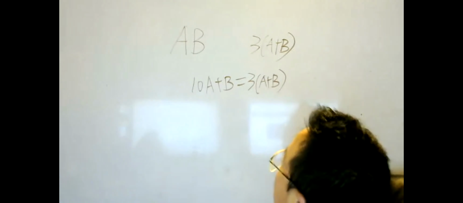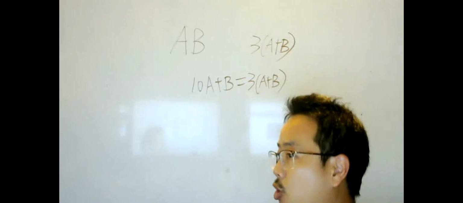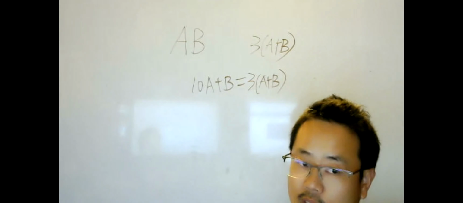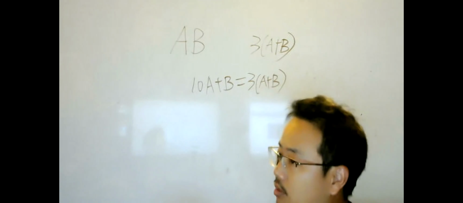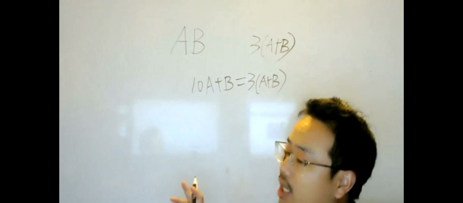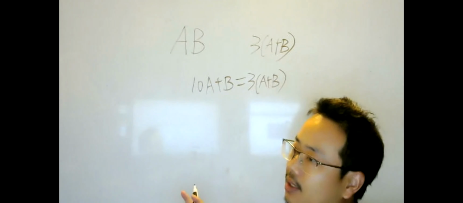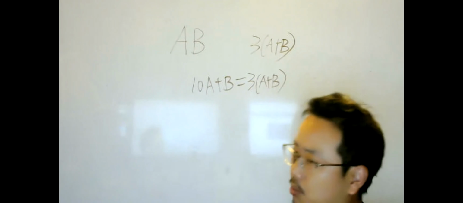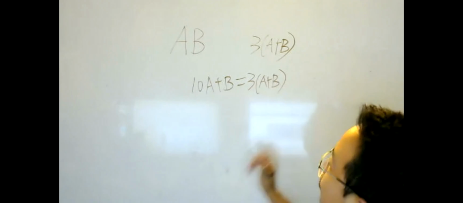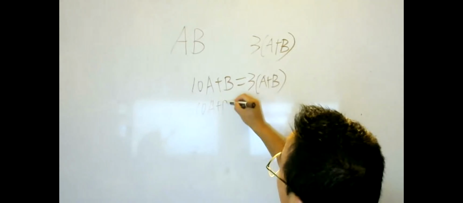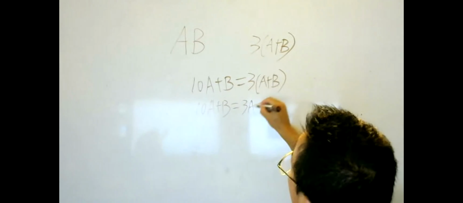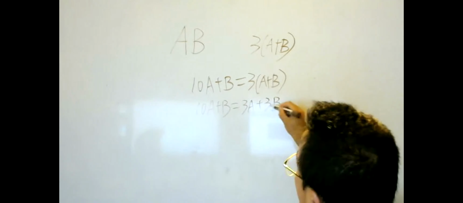So this becomes an equation with 2 variables, right? Don't worry, you won't get a final solution for 2 variables in one equation. However, because it's a digit, there's a lot of limits, right? So let's try to simplify this, okay? So 10a plus b equals 3a plus 3b, right?